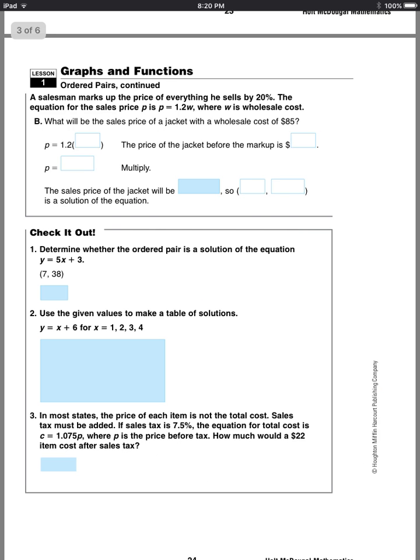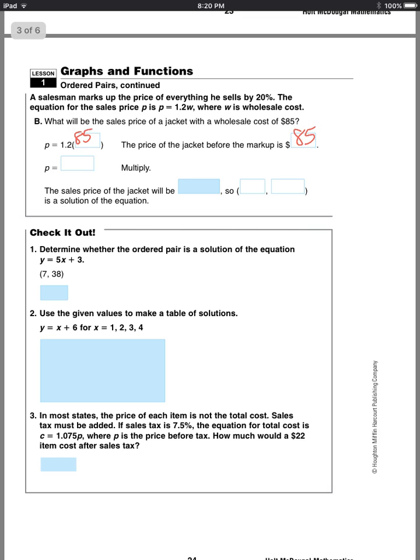A salesman marks up the price of everything he sells by 20%. The equation for the sales price is P equals 1.2 W, where W is the wholesale cost. What will be the sales price of a jacket with a wholesale cost of $85? So same thing. Instead of $48 this time, we're saying that the price of a jacket is $85. That's how much the man spent, so before the markup.